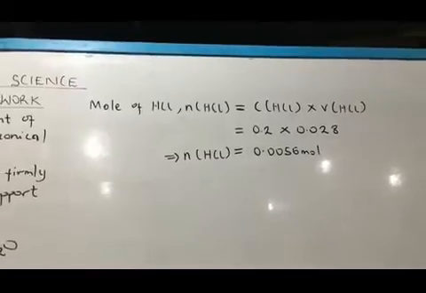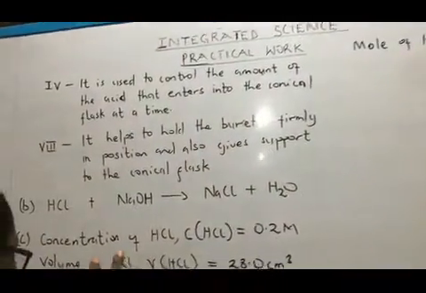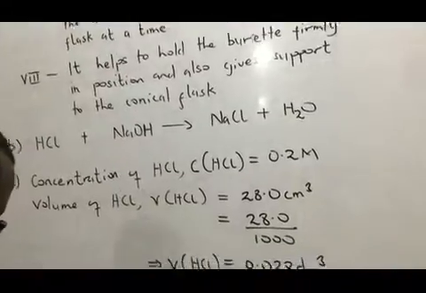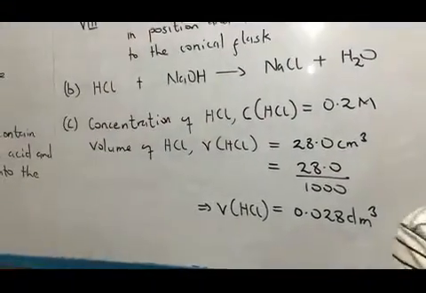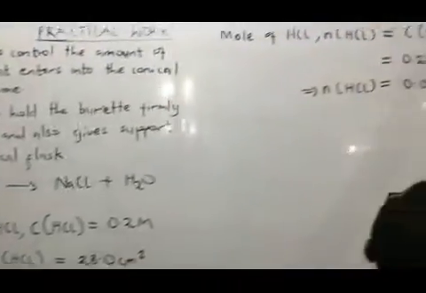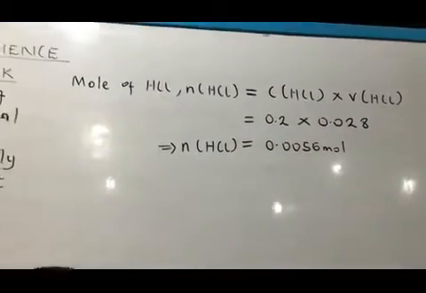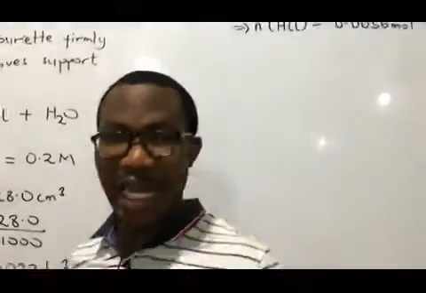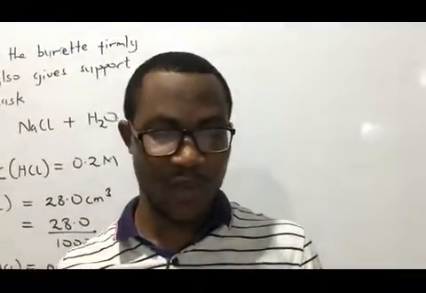Okay. The question is asking us to find the mole of the base. The reason why we could not calculate the mole of the base using concentration times volume is this. We know the volume of the base that was used in the titration, but we were not given the concentration of the base.